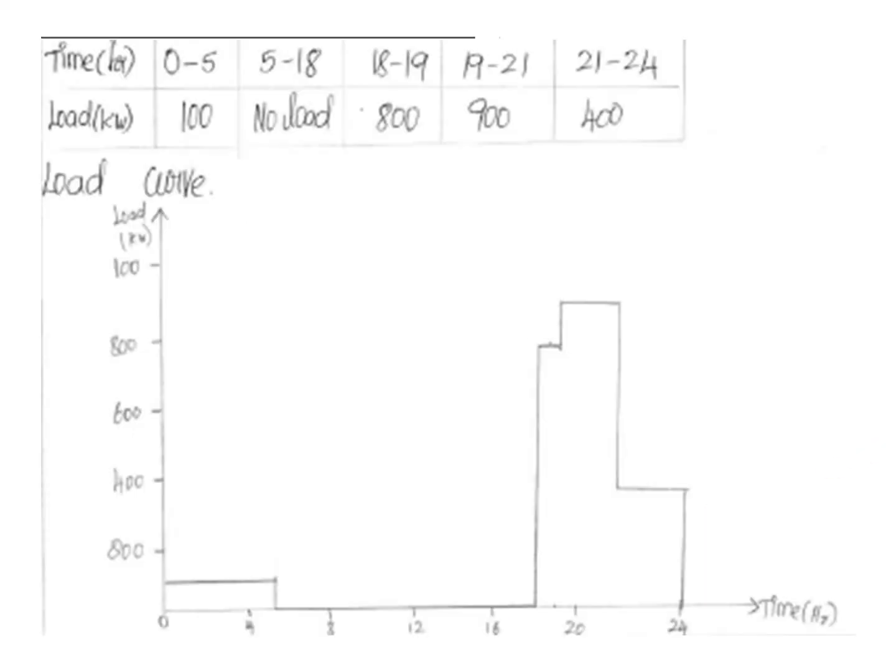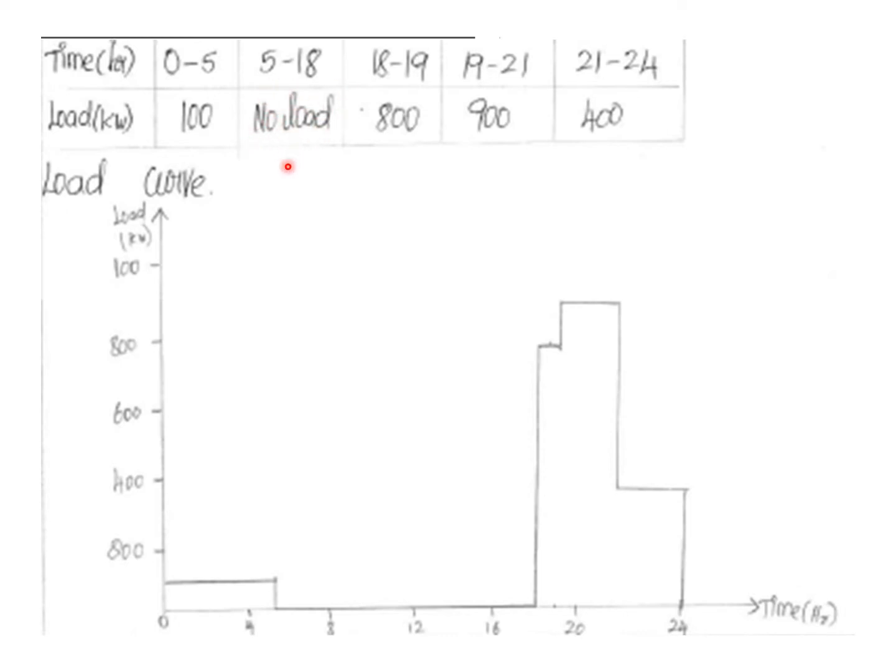First I have taken the data of time and load, which is given in kilowatts. Starting from 24 hours per day, the load is given for particular time periods. 100 for 0 to 5 a.m., and 5 to 6 p.m., or 18, no load.